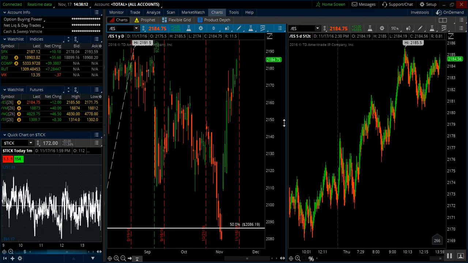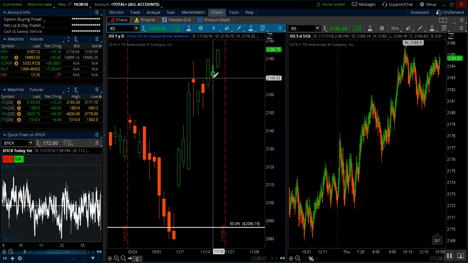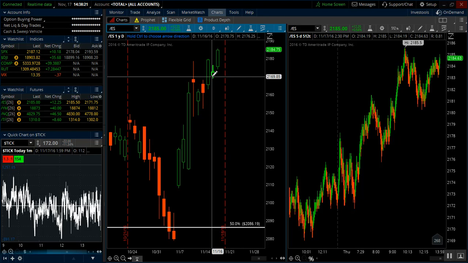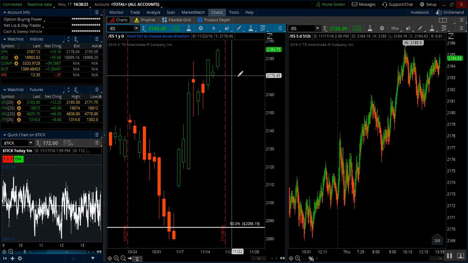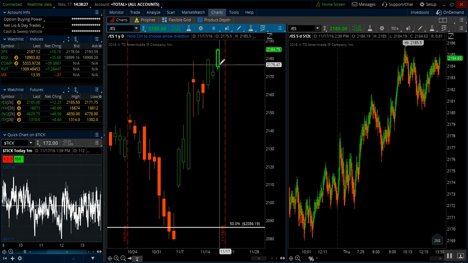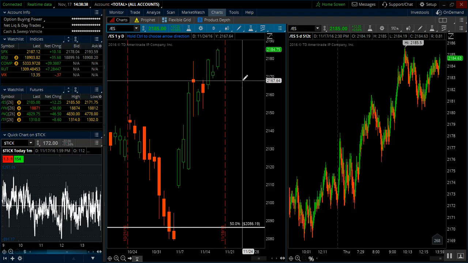When we open up and stay inside of the previous day's high and low, that's what we call an inside day, and those days can really be lacking of setups. When we open up, as we did today, inside the previous day, but then break out of that previous day's range, that's very important because that shows us that one of the parties, either the bulls or the bears, are in control.